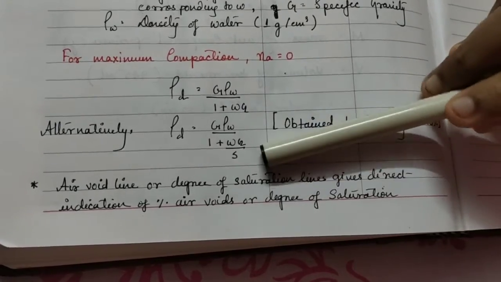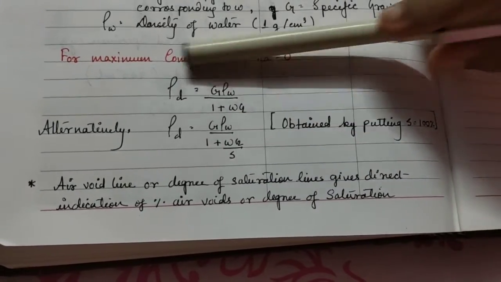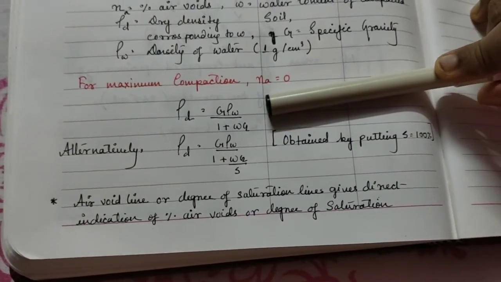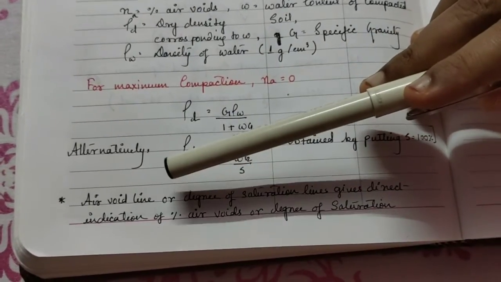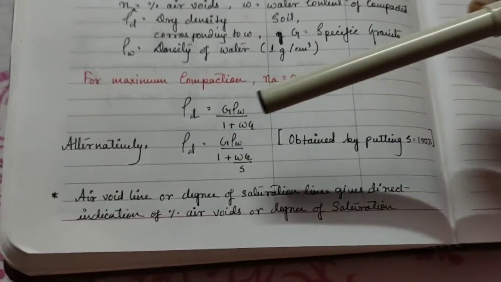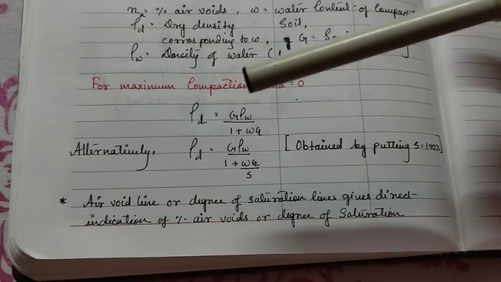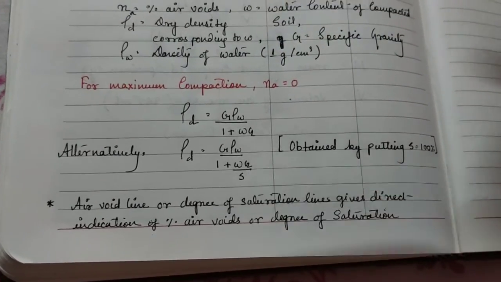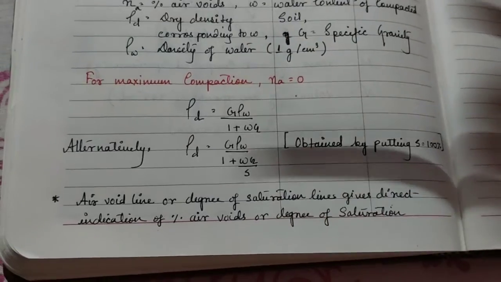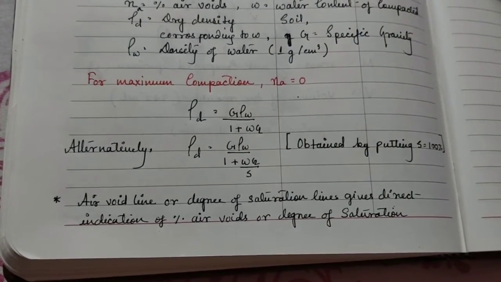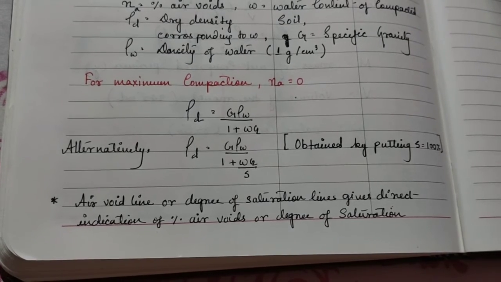That means putting S equals 100, we can again achieve the previous formula. Hence, the air void line or degree of saturation line, when drawn across a compaction curve, gives a direct indication about the percentage of air void or the degree of saturation existing at different points in the curve.